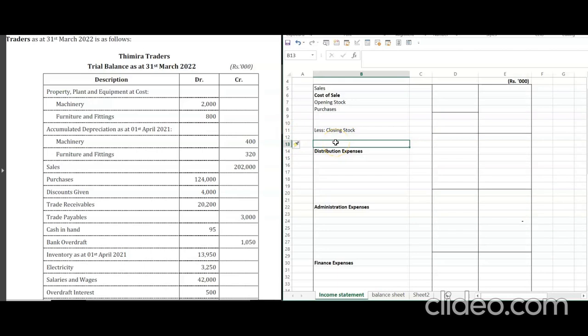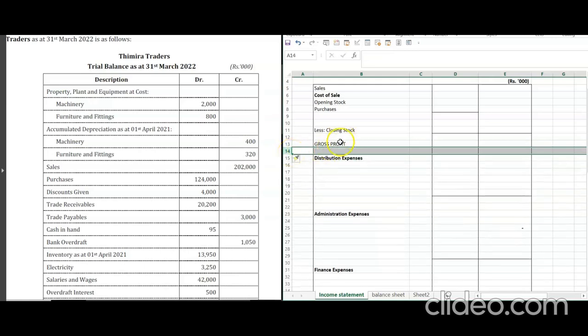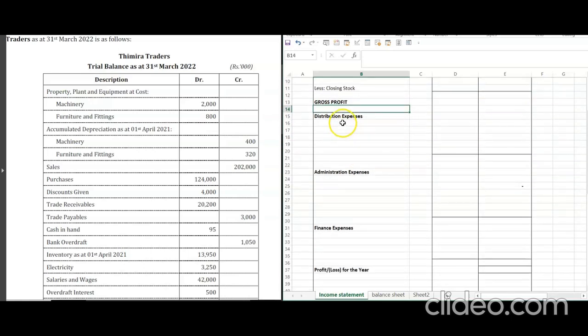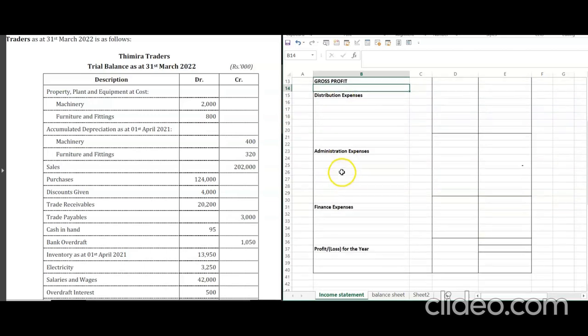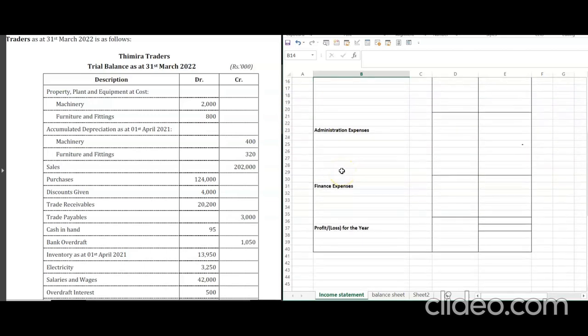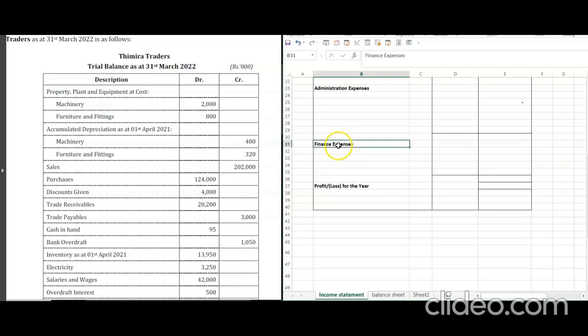So you get the gross profit. Gross profit is sales minus the cost of sales. Then you get the distribution expenses and administration expenses. Then you get the finance expenses. Then you get the profit or loss for the year.